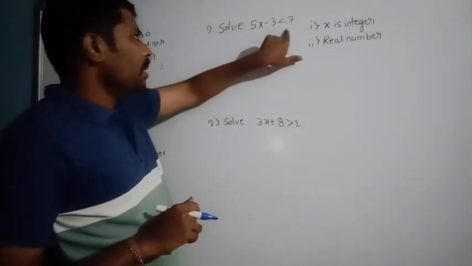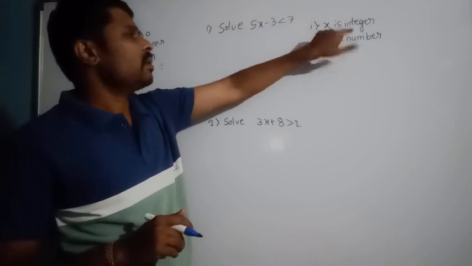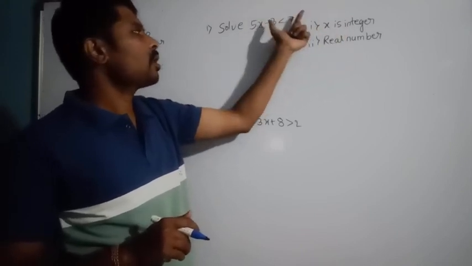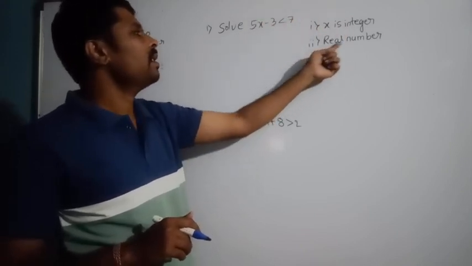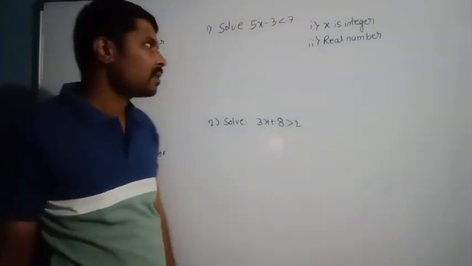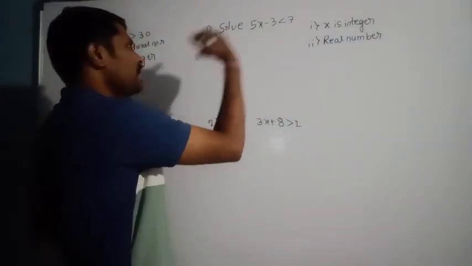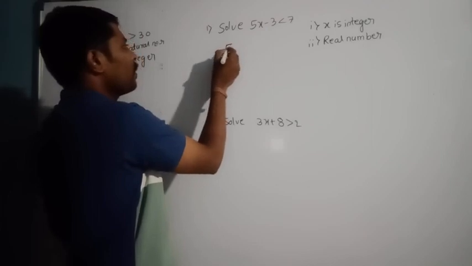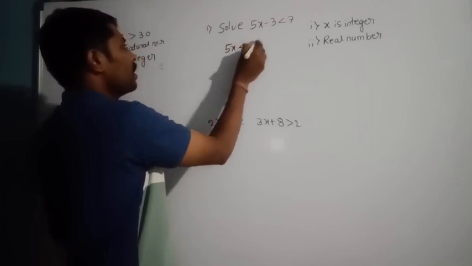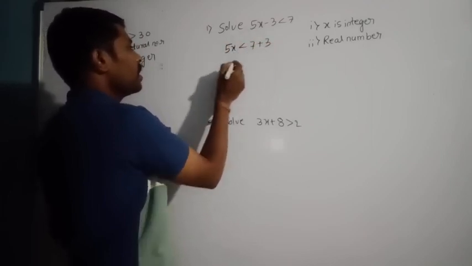Solve this inequality when x is an integer, meaning after solving, how many elements satisfy it. Earlier we had to write real numbers, which I have just discussed. First solve: x this side, numbers that side. 5x is less than 7, minus 3 becomes plus 3.